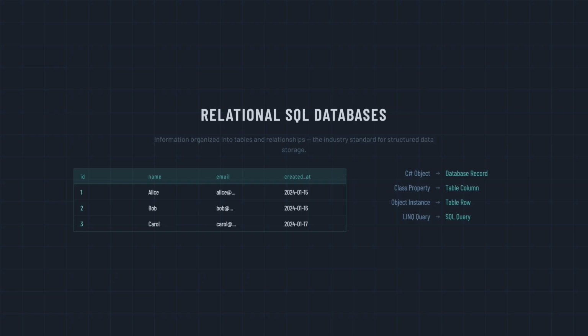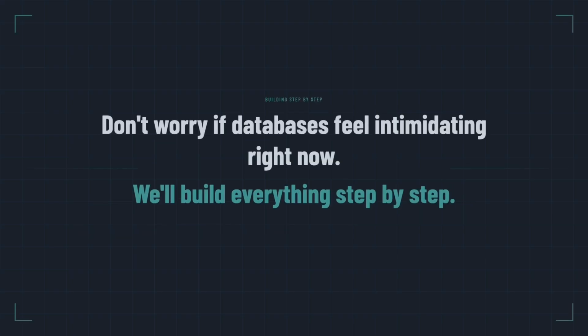Throughout this course, we will be working with a relational SQL database where information is organized into tables and relationships. As we build our application, you will see how our C# objects become database records, how data is stored efficiently, and how we can retrieve exactly what we need whenever a client sends a request.